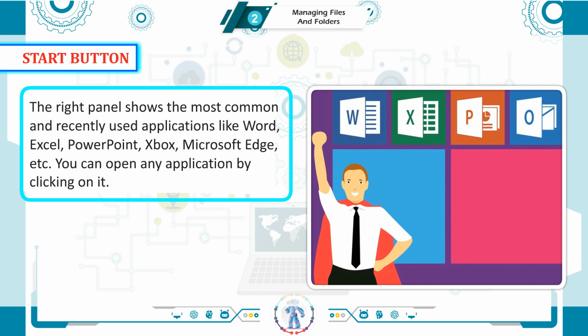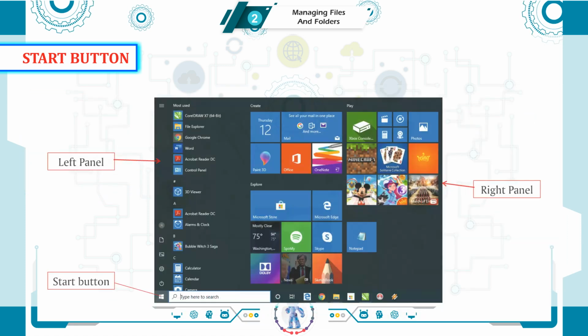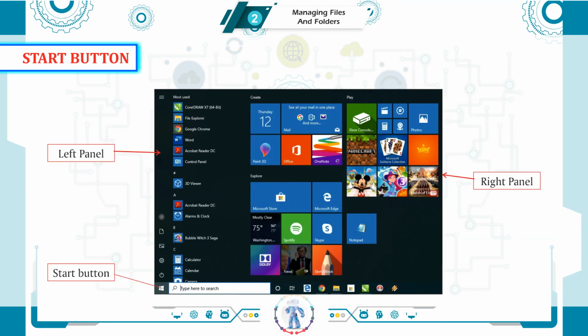The right panel shows the most common and recently used applications like Word, Excel, PowerPoint, Xbox, Microsoft Edge, etc. You can open any application by clicking on it. Left panel. Right panel. Start button.